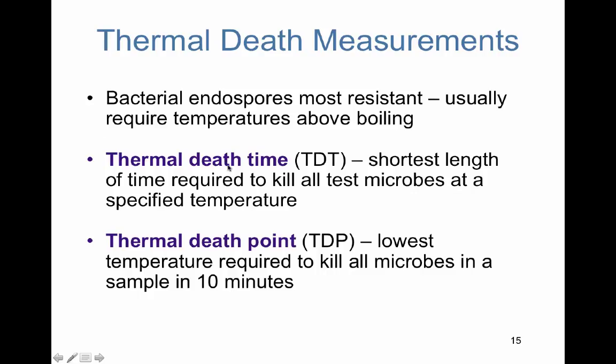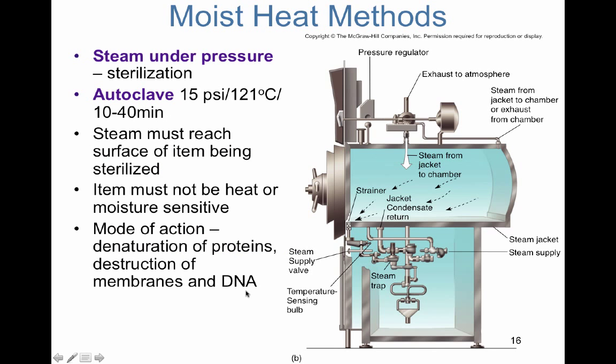So a lot of times we look to see what the TDT for targeting these highly resistant forms would be. This would be the shortest length of time required to kill all test microbes at a specific temperature, whereas TDP is the lowest temperature required to kill all microbes in a specific time designation, 10 minutes.